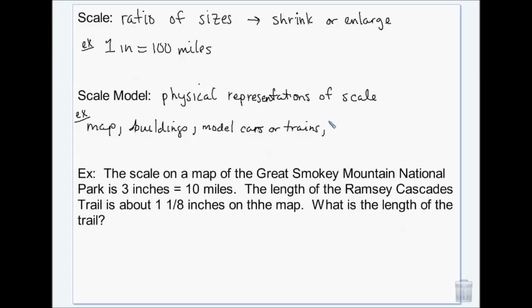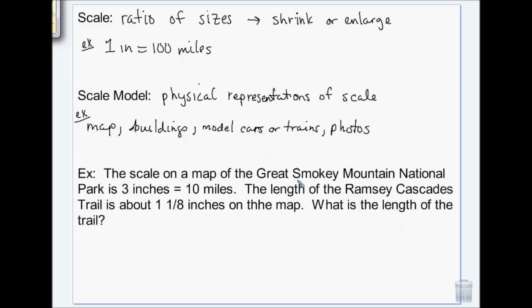But you can't see them unless you blow it up. But it's blown up to scale. The microscope and everything is in a way similar to that. Yeah, exactly. The resolution and everything. So you guys are really used to scale, actually. And scale is a ratio, and we can solve them with proportions.